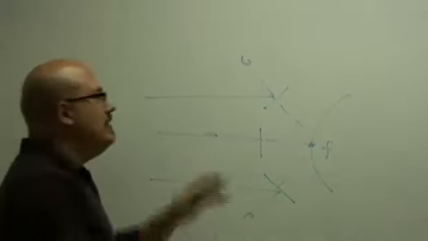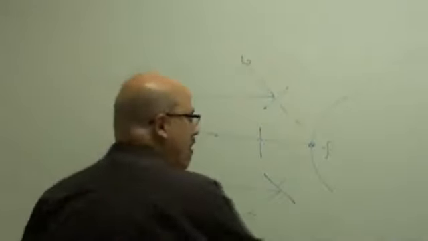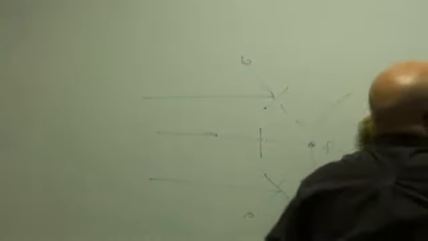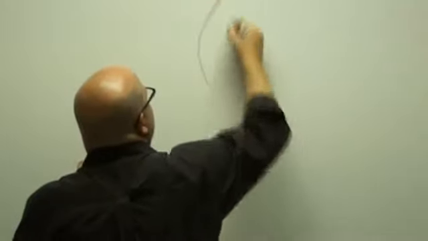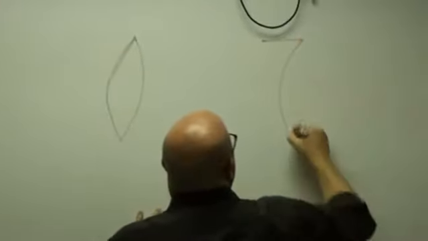All right. Now, lenses work on refraction, so it's not reflection anymore. We have two distinctly different types of lenses. One of the lenses looks like this, and the other lens looks like this.